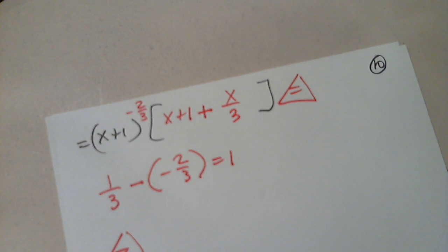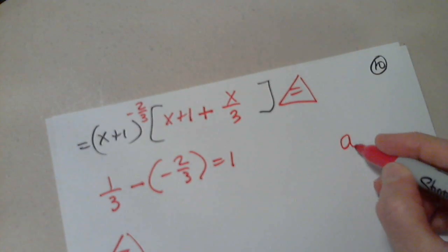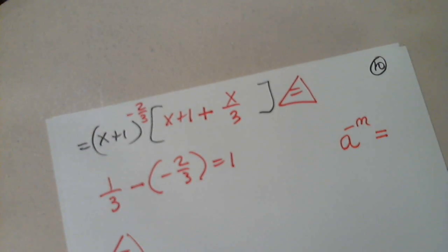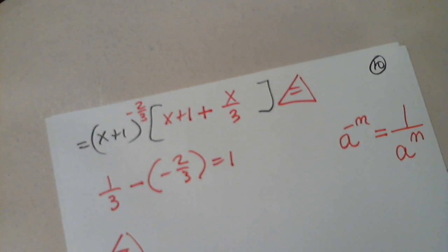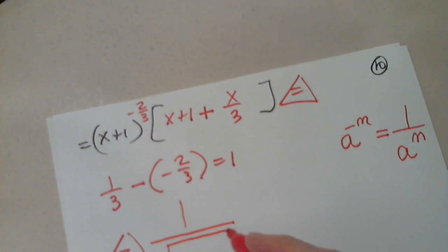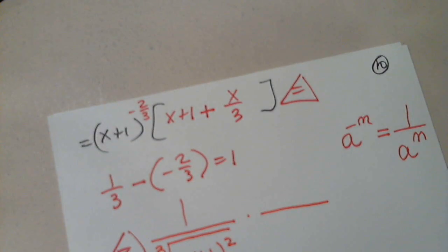Anyone remembers? Let's review: a to negative n. Is there another way of writing a base to a negative exponent? 1 over a to the positive n. Excellent. Thank you, Kevin. So this is 1 over. It becomes positive 2/3, and you have the option of writing it as the cube root of x plus 1 squared. Let's find the least common denominator here.